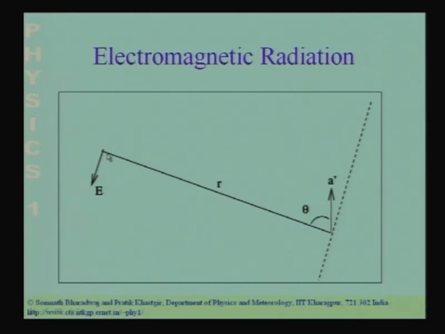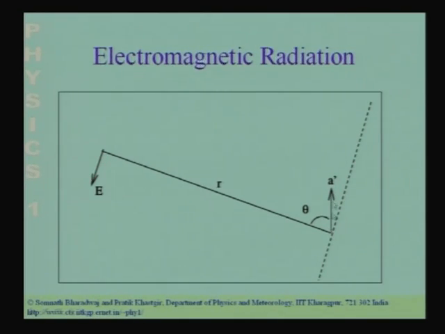The way to calculate the electric field at this point is that you should take the component of the acceleration perpendicular to the line of sight from the point where you wish to calculate the electric field to the charge. So, this is the line of sight from the point where we wish to calculate the electric field to the charge.